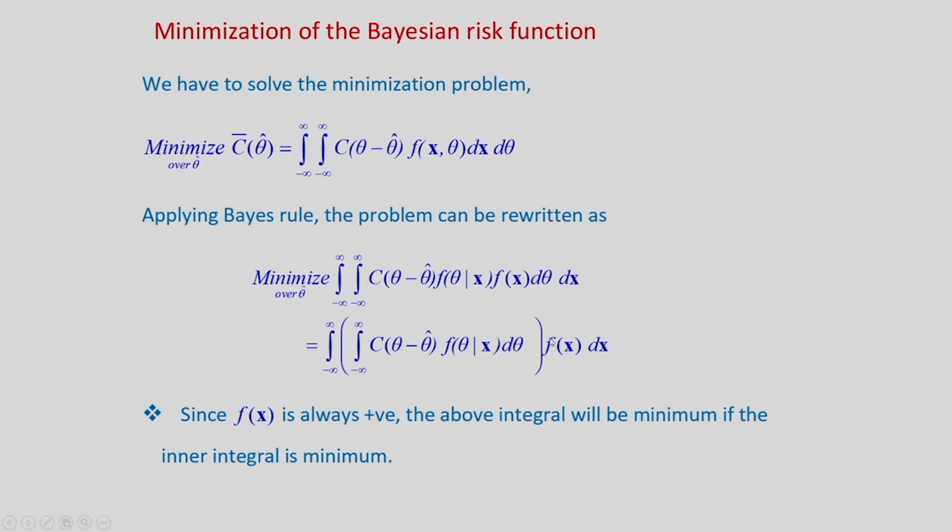Now, we know that f of x is always a positive quantity. Therefore, this entire double integral will be minimum whenever the inner integral is minimum. So, since f of x is always positive, the above integral will be minimum if the inner integral is minimum.